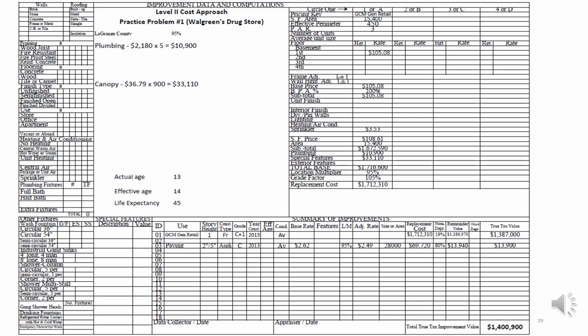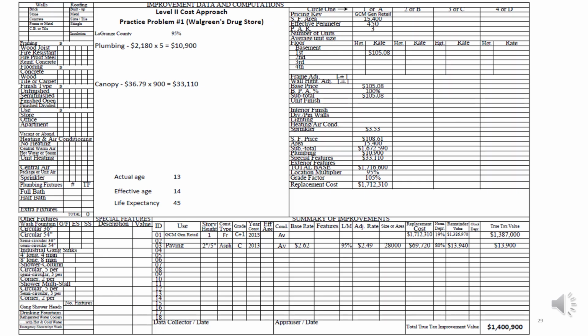So when we're in Appendix G, under our yard items, we're going to go to paving. The first thing that we need to do is look at our square foot. Because it told us that it was 28,000 square foot, we're going to go to our 20,000 to 50,000 square foot line. You should find a base price of $2.62. Now remember that normally we're going to take that value times our quality grade factor percent.